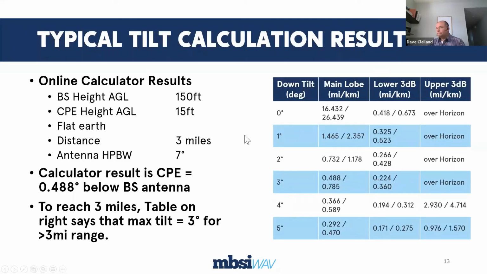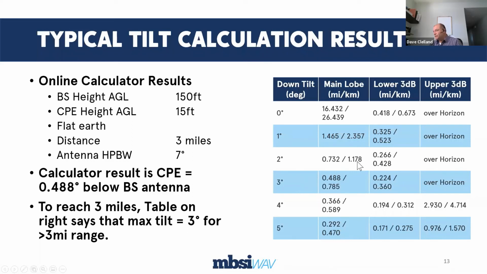Now, if I were planning to have my sector cover, let's say, 10 kilometers, which is really kind of typical, right? I want a 6 mile, or 10 kilometer, coverage range. So in this case, I might want to set my mechanical tilt to, let's say, 2 degrees, something like that.